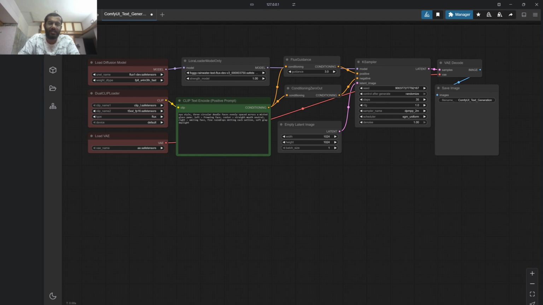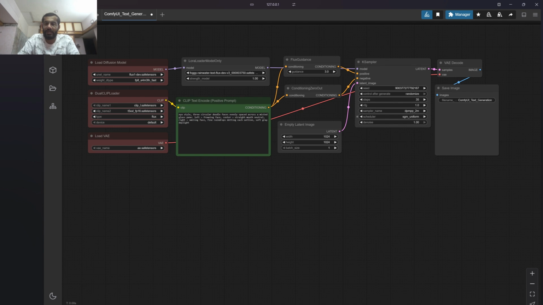For example, this is the positive prompt. There's an empty latent image, and zero conditioning for Flux, because it doesn't accept negative prompts. Giving the guidance to Flux, I generally play around with 1.5 to 5. This is my range to play around in this entire experiment, and it has turned out to be good.